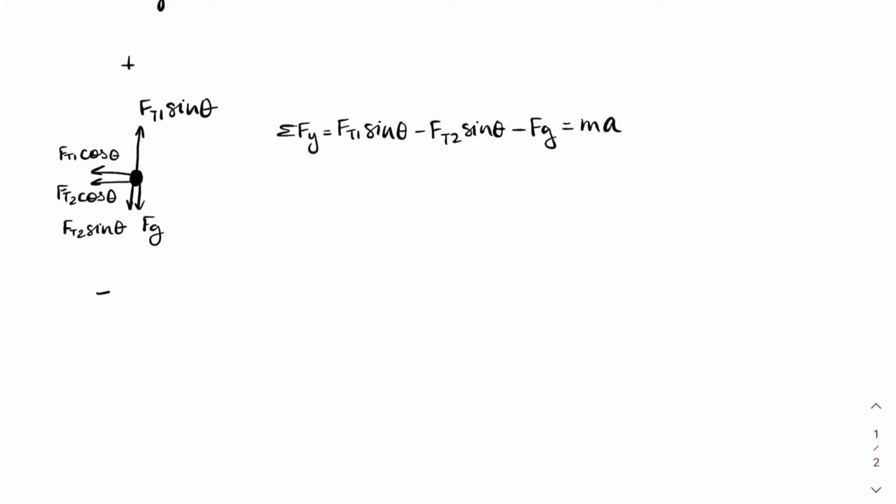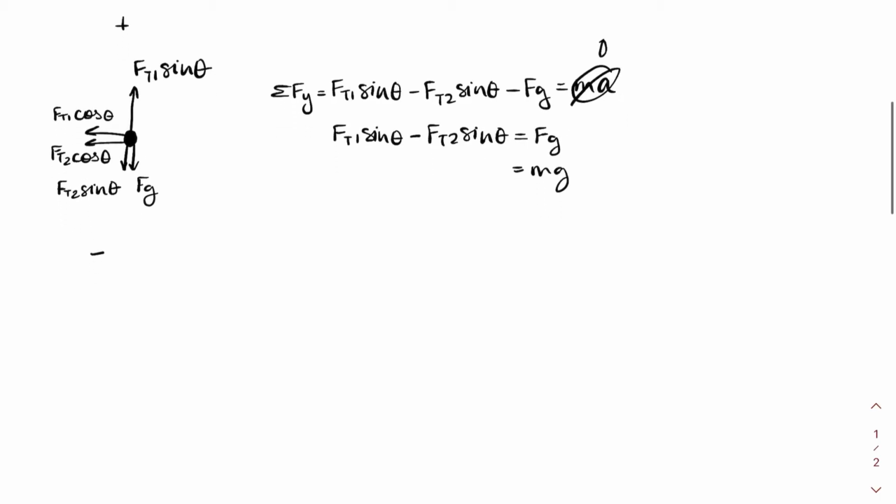And since there is no acceleration in the y direction, this just equals 0. So we can write that as force of tension 1 sine of theta minus force of tension 2 sine of theta equals force of gravity, which also equals mass times gravity itself.